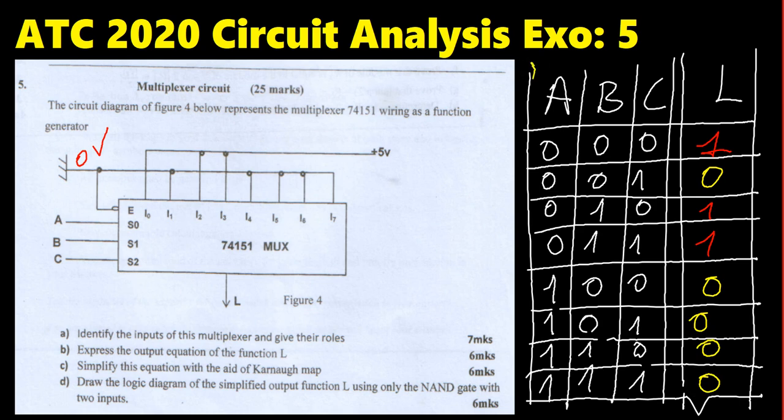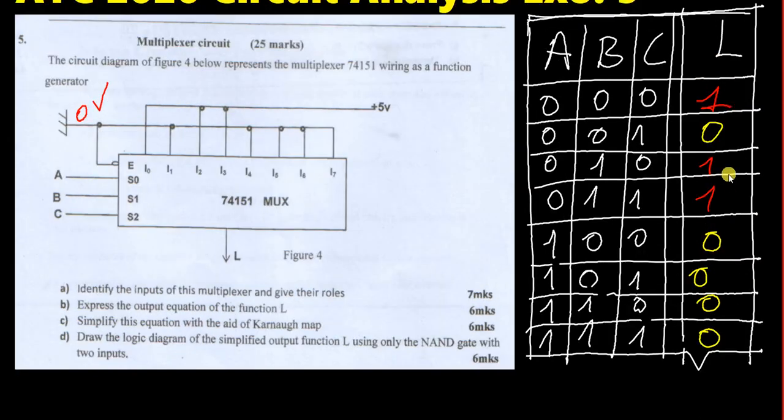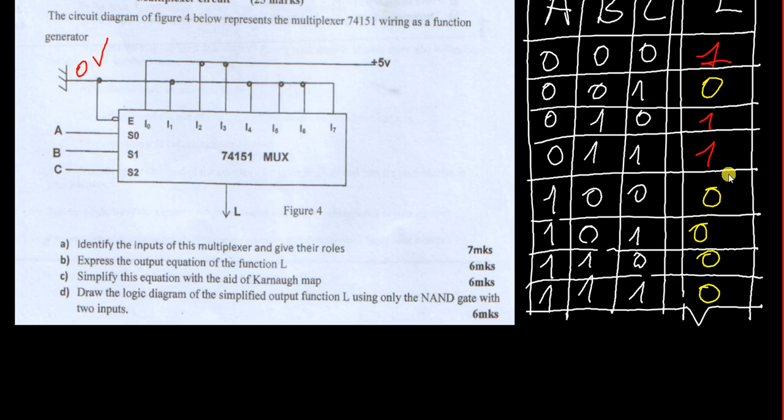We are going to see how to simplify this truth table by using a Karnaugh map in order to have a simplified output equation. From this truth table, we can derive the equation of the output L. So I'm going to write it like that.